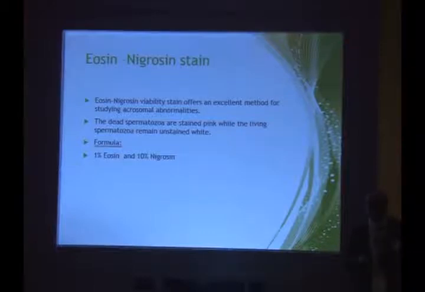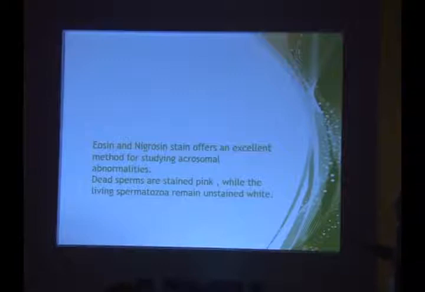But if I report all sperms are non-motile, does it mean that he has no chance of pregnancy? It doesn't mean that, because there could be some sperms which are non-motile but viable. So it's important to differentiate between viability and motility, and that is commonly done by eosin nigrosin stain.